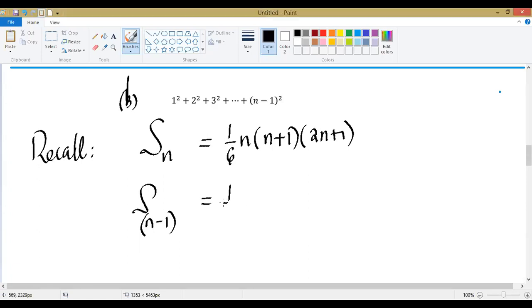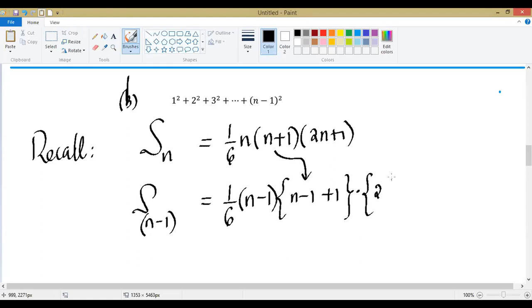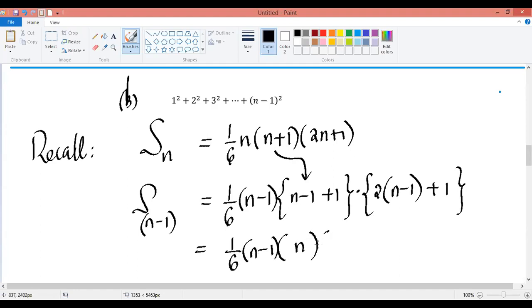This will be 1/6 into n minus 1 into, where there is n, replace n minus 1. And that will be 1/6 into n minus 1 into n into 2n minus 2 plus 1, which is a minus 1 there.